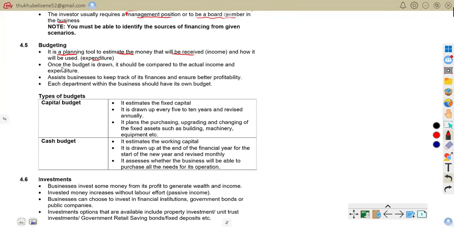It says once the budget is drawn, it should be compared to the actual income and expenditure. Meaning here we are talking about budget versus actual. After making a budget, compare it with real income and expenses.